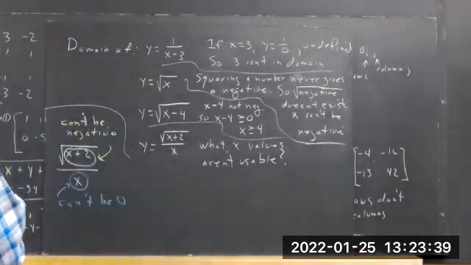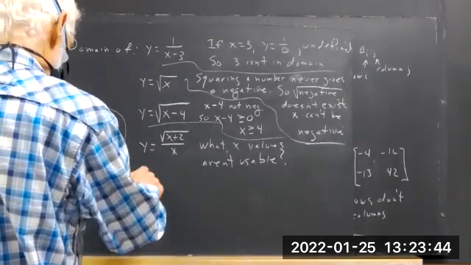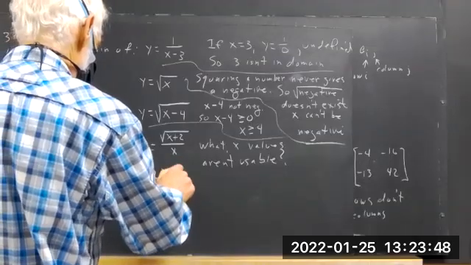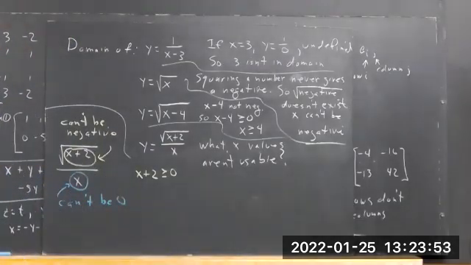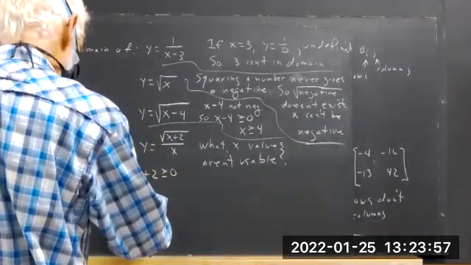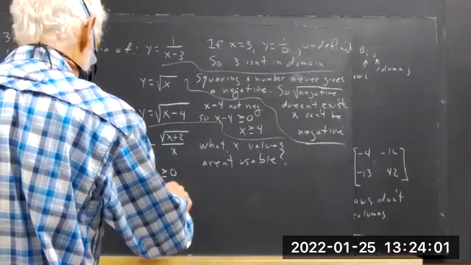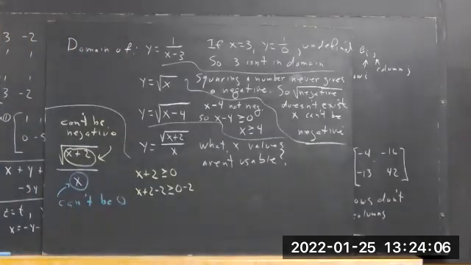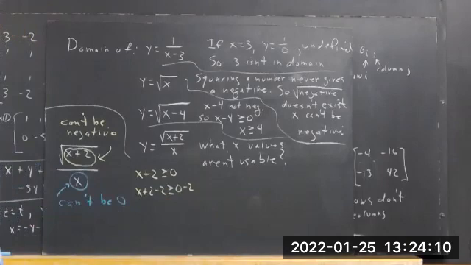So x plus 2 has to be greater than or equal to 0. Well, to do the algebra, x plus 2 minus 2 has to be greater than or equal to 0 minus 2.